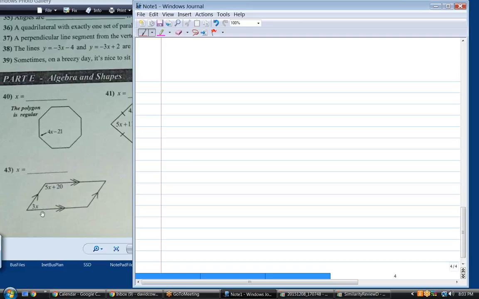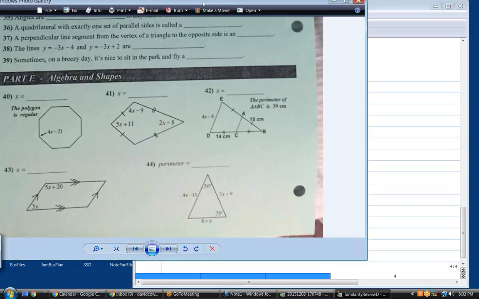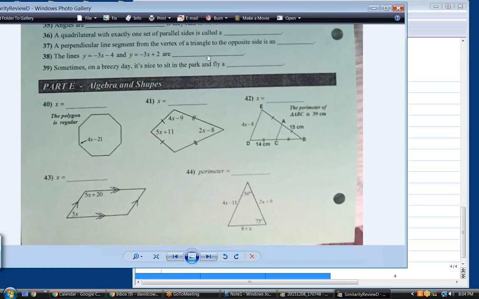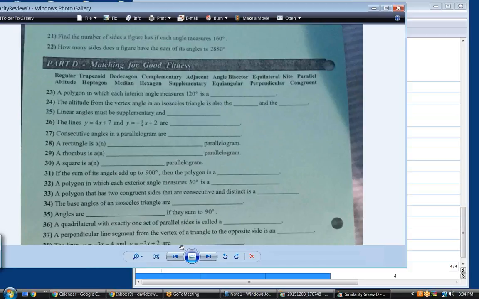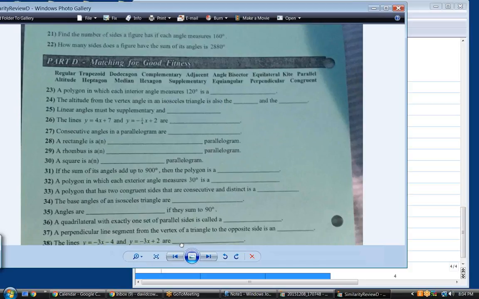So what's the equation? 5x plus 20 plus 3x equals 180. Correct. Again, in other words, most of geometry also has that algebra step in it. That final step to solve for x.